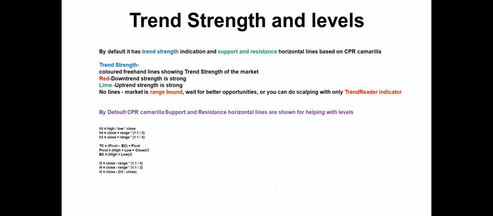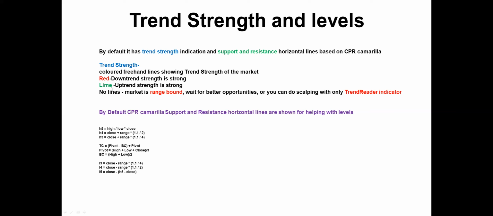So coming to the second thing, trend strength and levels. Trend strength, we are calculating based on various parameters, and we are coming up with two colors showing whether the strength of the movement is strong or not. We are representing it as a freehand line. I'll show you that later. If it's a red line, the downward strength is very strong.